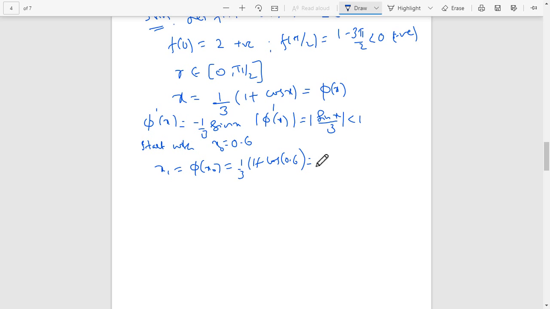Keeping the scientific calculator in the radian mode gives you 0.60845.